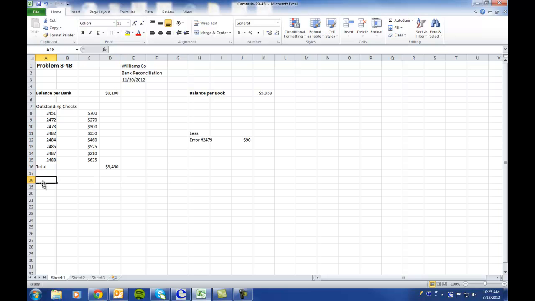Now the next item is to add any deposits in transit. So in this particular case, we have one deposit that was in transit before October 31st for $842. So we want to make sure that that's already been added in.